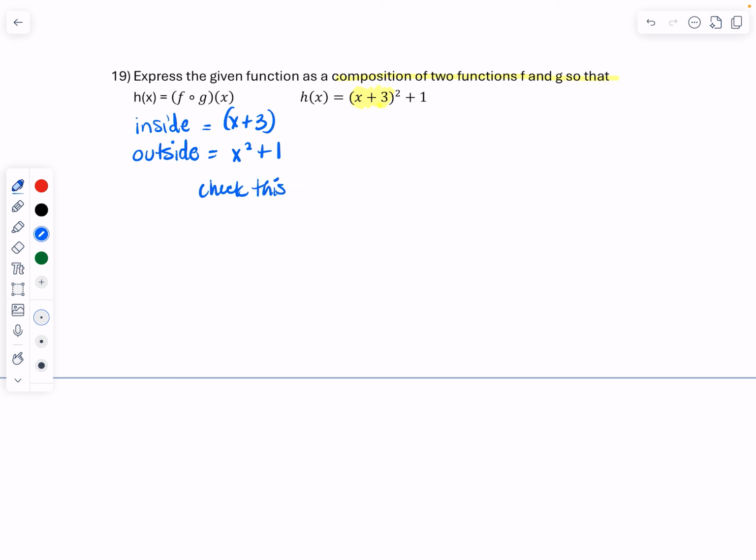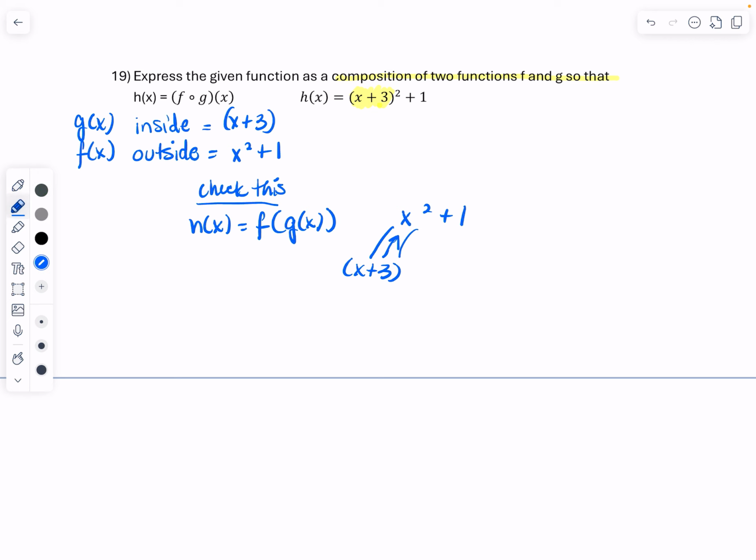If you check this, remember you want the result to be this: h at x equals f of g of x, right? The outside function is f, and my inside function is g of x. So I write my outside function, x squared plus 1, and remember, I am merging in the inside function wherever I see x. The inside function was x plus 3.